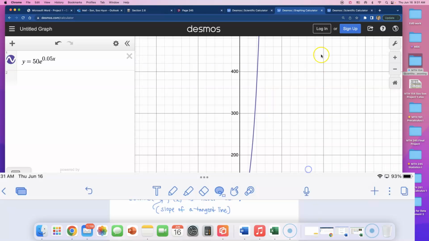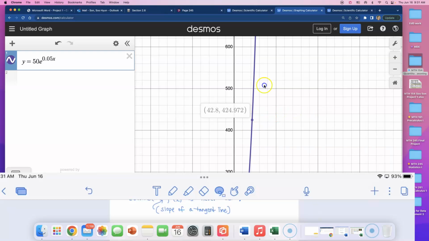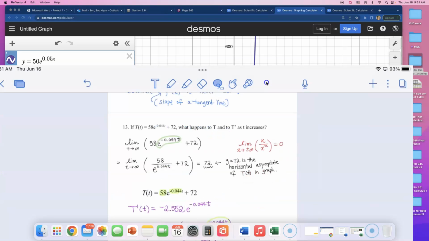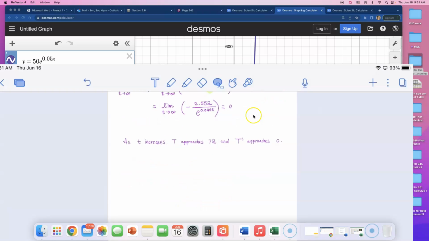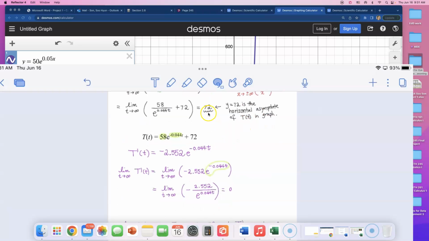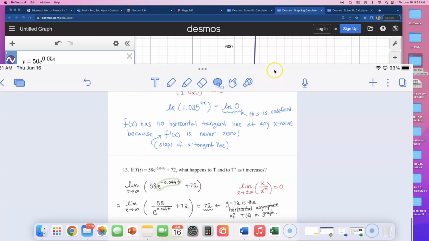Not really, right? So if you see something like that, you may be able to just tell me it increases without bound, it just goes up to infinity. I think that's fine. But the exponential decay function in my examples wasn't going up forever. They were going to a specific value of 72.